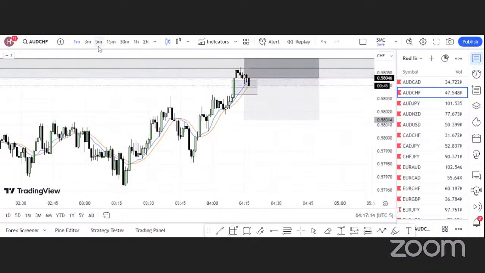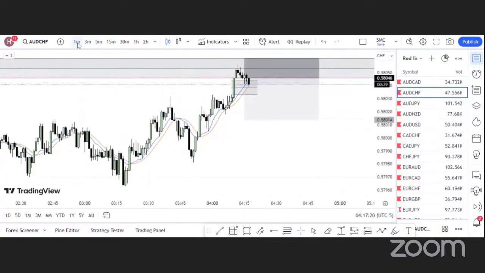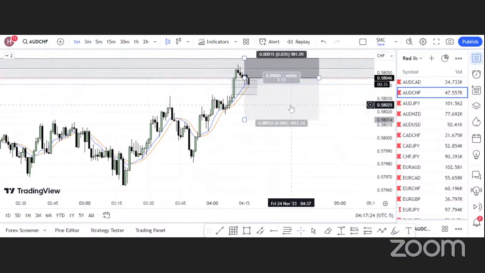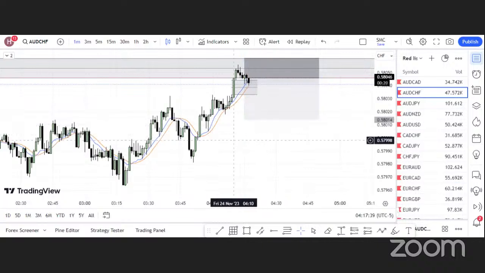If it crosses below on the 1 minute, we are going to take the trade. If it closes, and we have a moving average cross.